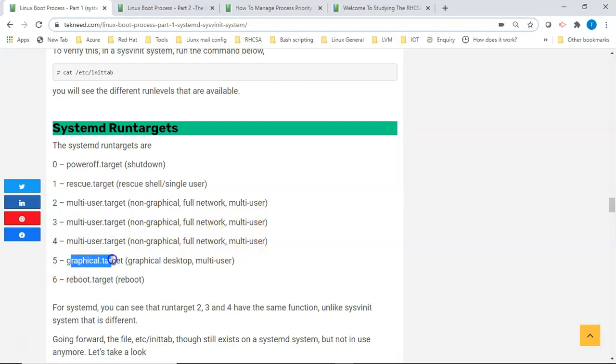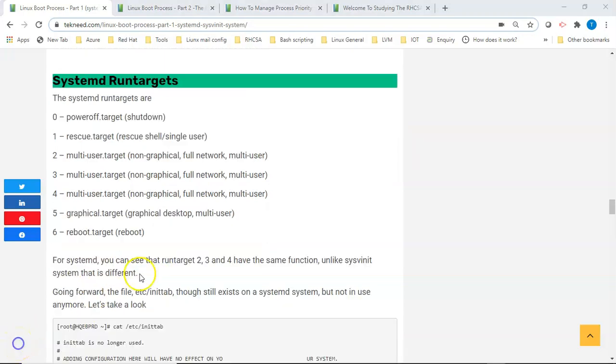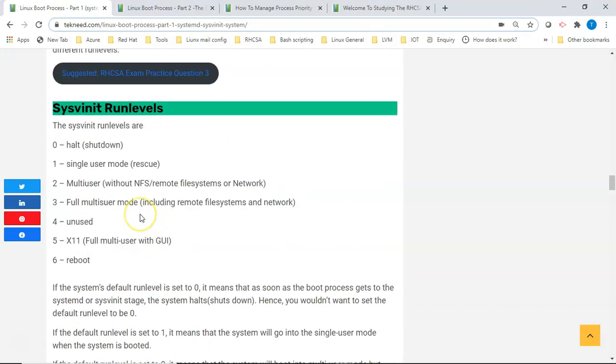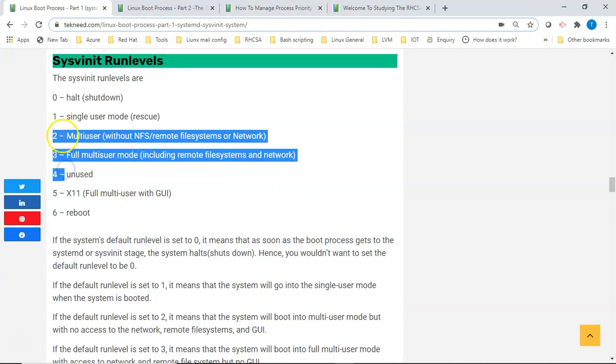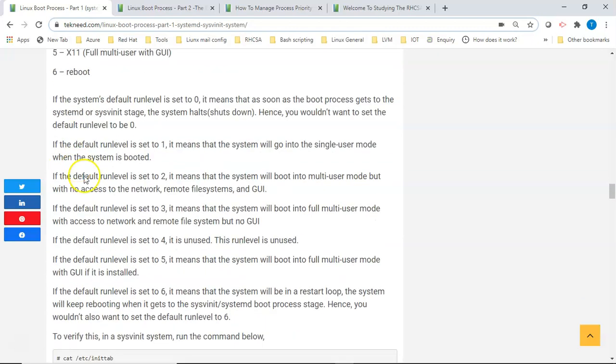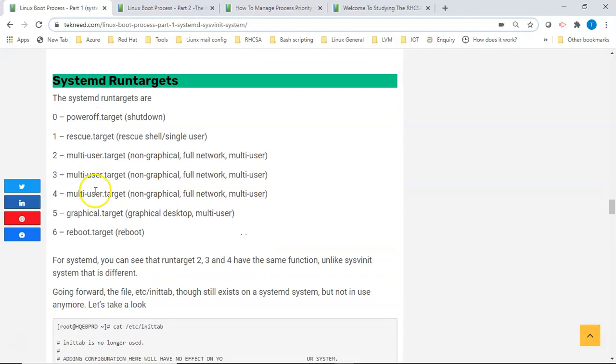And we have the graphical.target, which has the graphical desktop and multi-user, and we also have the reboot.target. You can see that run targets 2, 3, and 4 have the same function, unlike sysvinit, which is different.